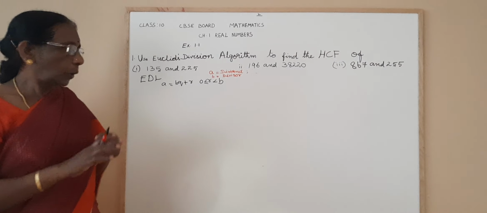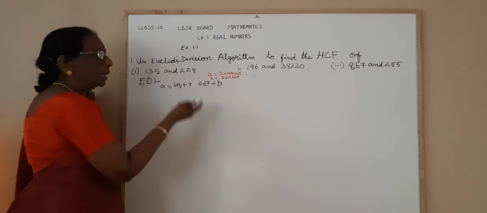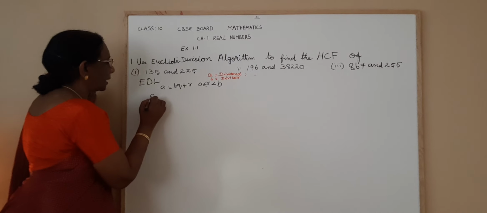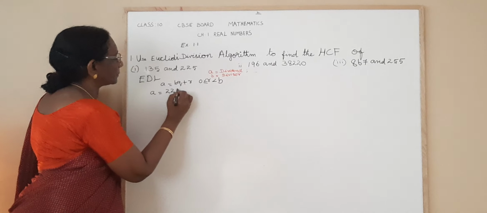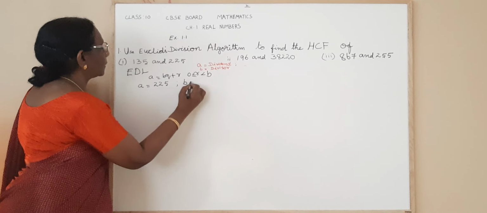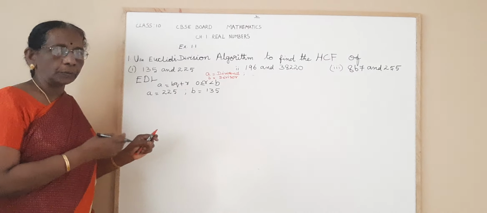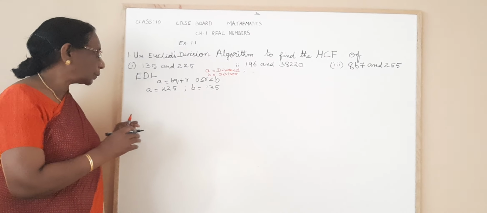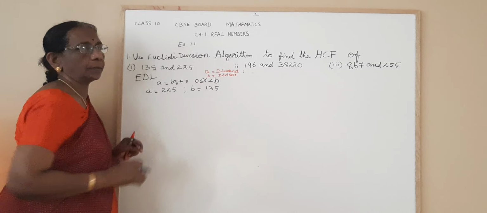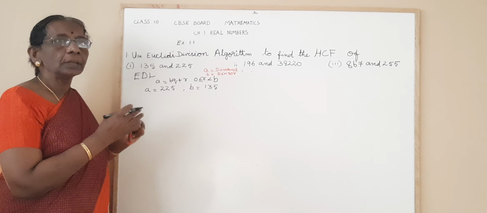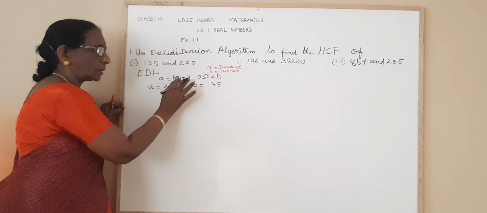Have you understood? So first let us write the first step. You write Euclid's division lemma. Then you select a. a is equal to 225 and b is equal to 135. Now next step. We are going to divide 225 by 135 and write it in Euclid's division lemma form, that is a is equal to bq plus r.